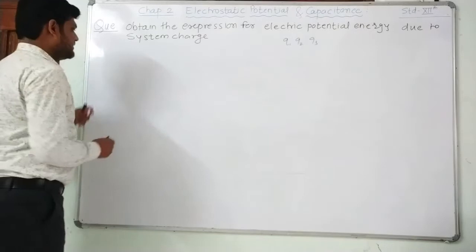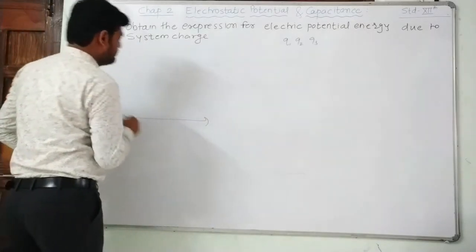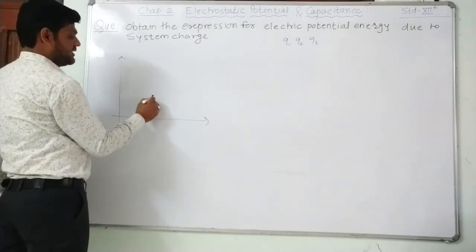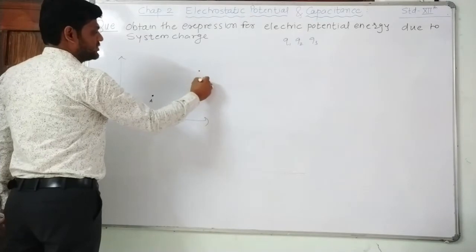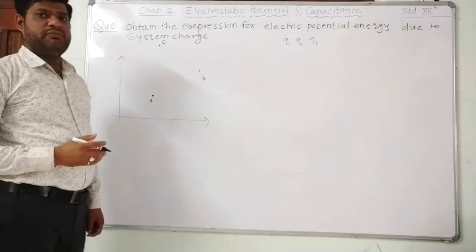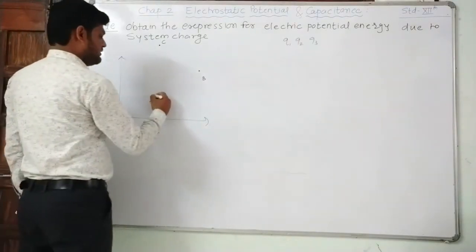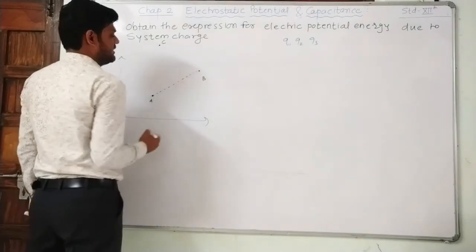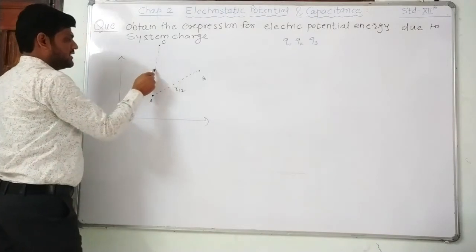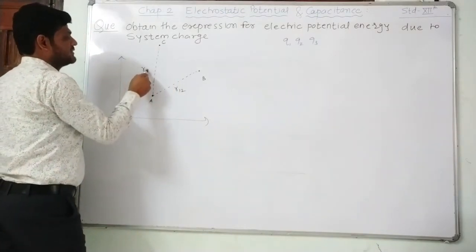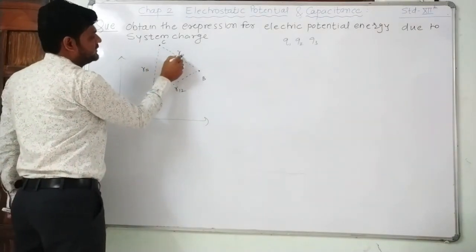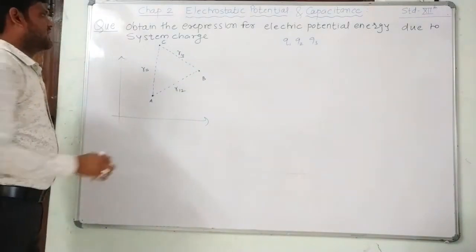And now consider an area in which we want to carry these charge particles. Suppose we are having the first location A point, the second location B point, and the third location C point. So these are the points A, B and C. Suppose the distance between A and B is R12, the distance between A and C is R13, and the distance between B and C is R23.